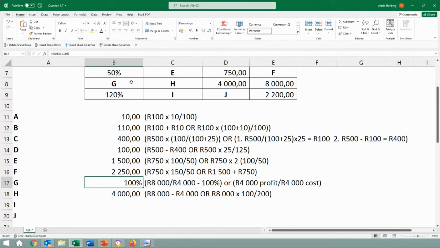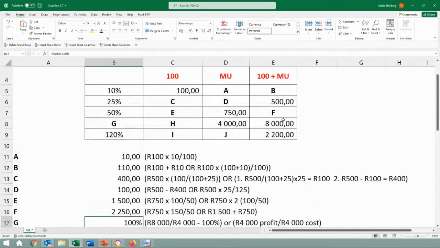Who can tell me what is the answer for number I? So if we've got a selling price of 2,200 bucks, we've got a markup percentage of 120. What is the cost? So let's just quickly go back to the table here. So if our markup is 120, what percentage does that 2,200 represent?